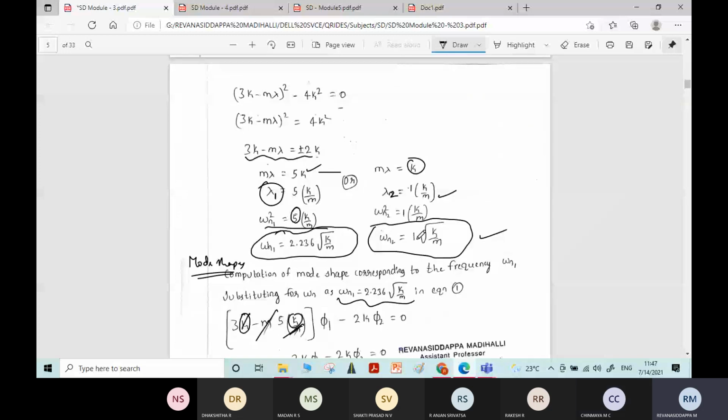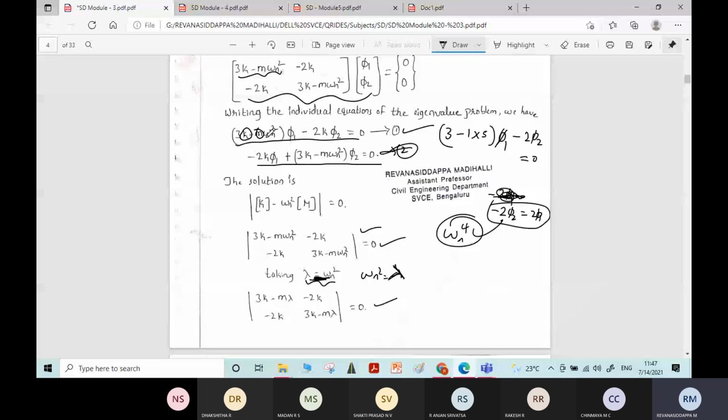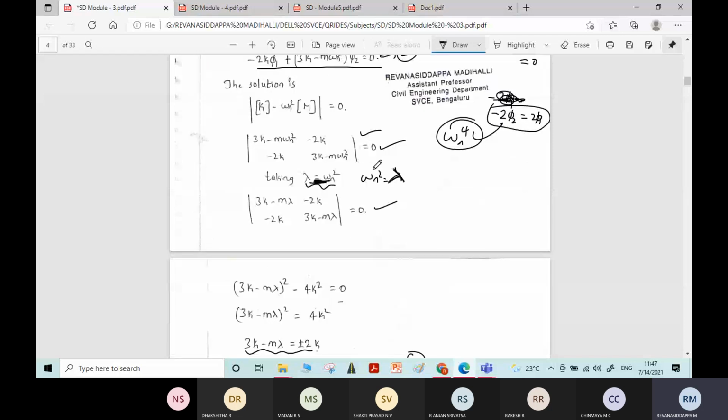Next, in the next step, you have to substitute omega n2 square equal to 1 into k by m in the same equation. So it becomes 3 minus 1 into pi 1 minus 2 pi 2 equal to 0. Finally you will get pi 2 is equal to pi 1.